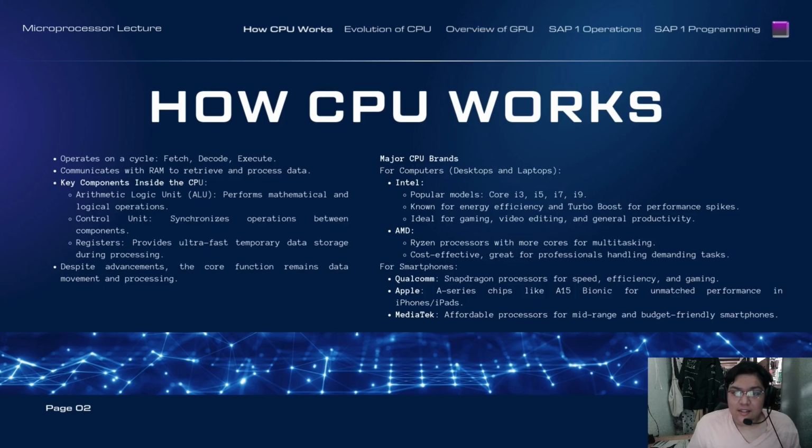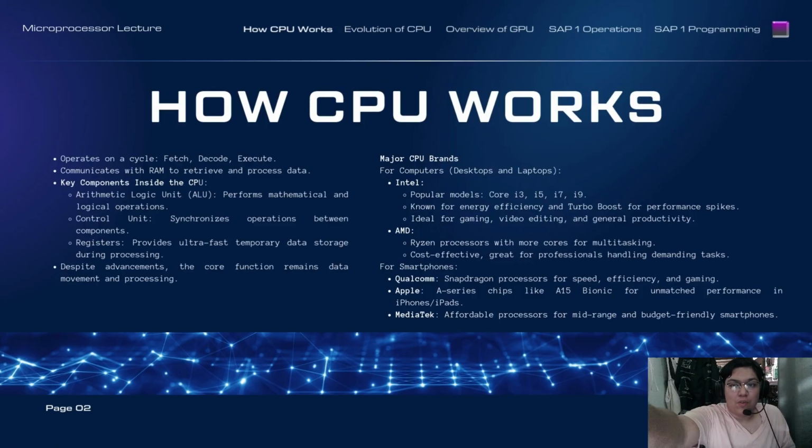In contrast, AMD's Ryzen processors stand out for their affordability and multitasking power, such as R3, R5, R7, and such. They offer more cores for handling multiple tasks simultaneously. And this makes AMD a popular choice for professionals working in fields like video rendering or 3D design. The choice between Intel and AMD often depends on whether the priority is single core performance or handling numerous tasks at once.